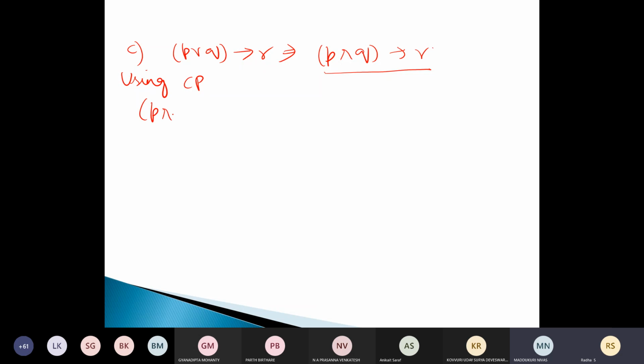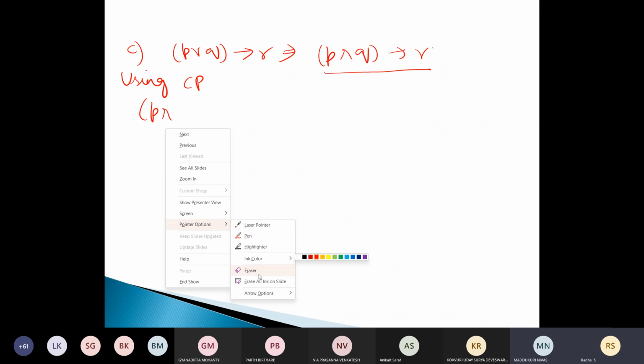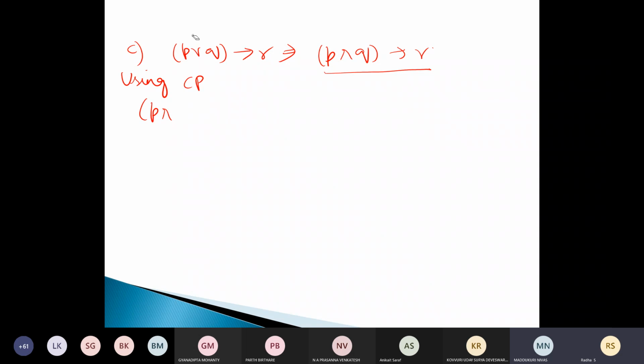So using CP, okay, one minute, sorry. Using CP, P or Q tends to R, comma P and Q implies R. This is the thing I need to prove, right? Okay, can you say the proof? It's, I think, very easy.